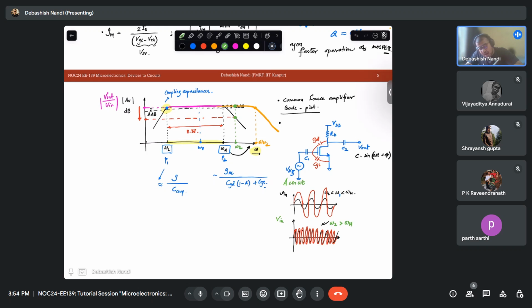Fine. So how do you increase this omega H? You increase your omega H by increasing gm, because your Cs will remain constant. So increasing gm means you are now able to cater to higher frequencies at the input for which you will get the desired amplification. Is the point clear?